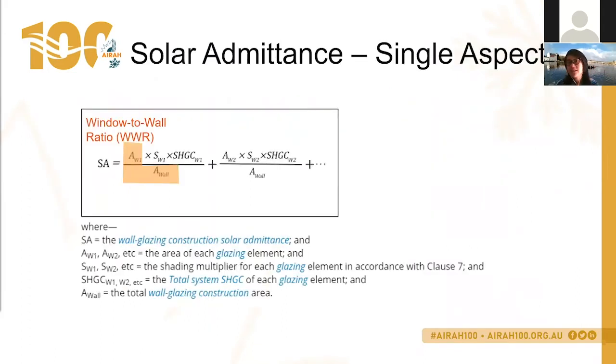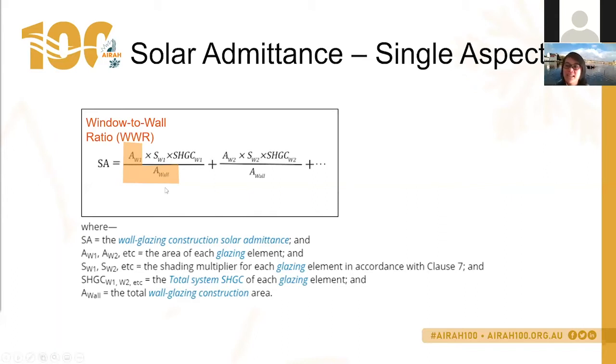With the solar admittance, if you're looking at it from a single aspect perspective, so that's where you're looking at only the north, east, west, and south, this is the formula that denotes your calculation for solar admittance. Essentially, it's your window to wall ratio multiplied by your shading factor, multiplied by your solar heat gain coefficient of your window, that's your glass past the frame.